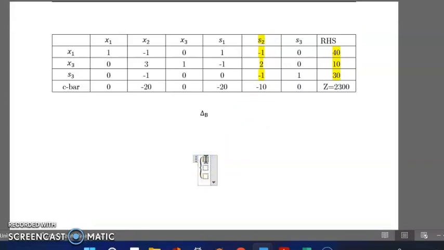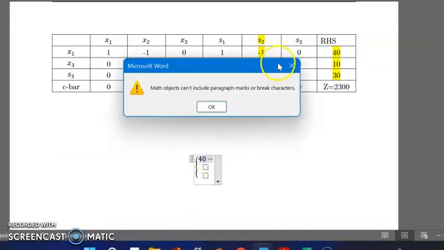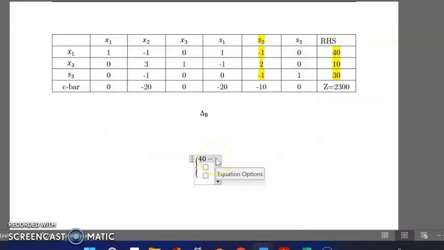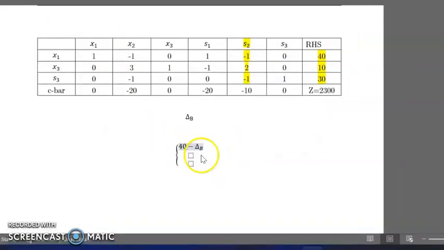So this new value of x1 has to be 40 minus delta B. This value has to be greater than or equal to 0 for the basis to remain feasible.